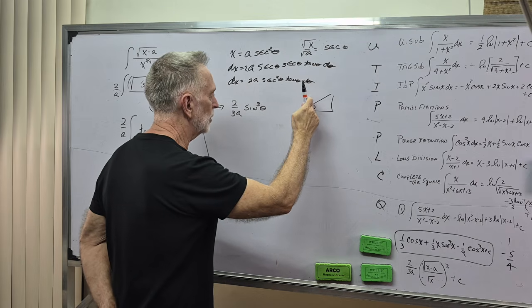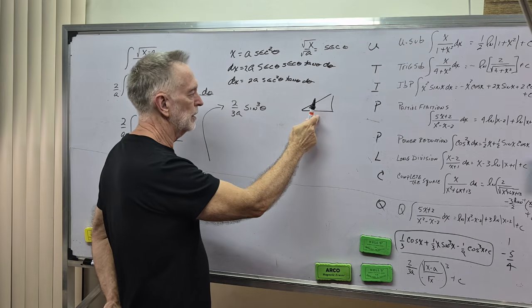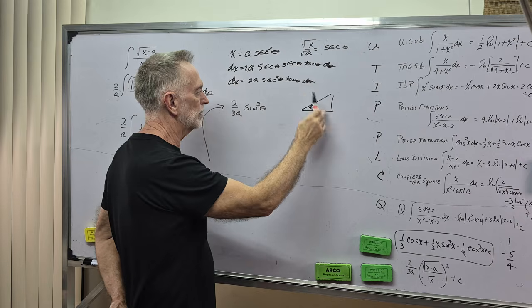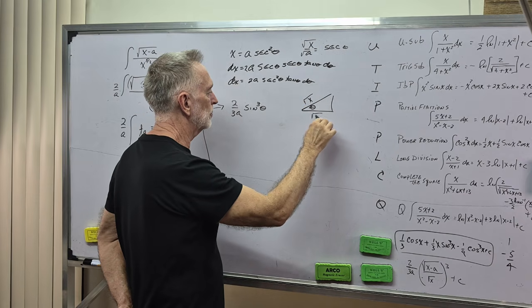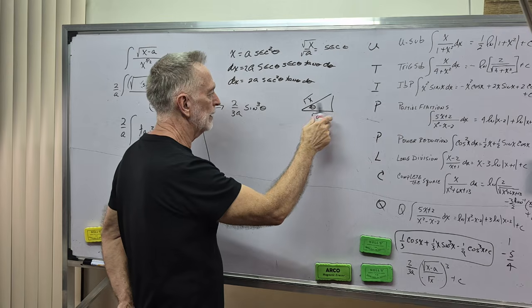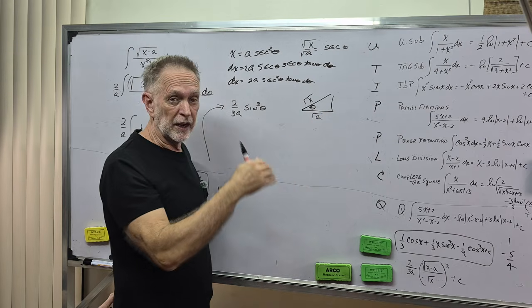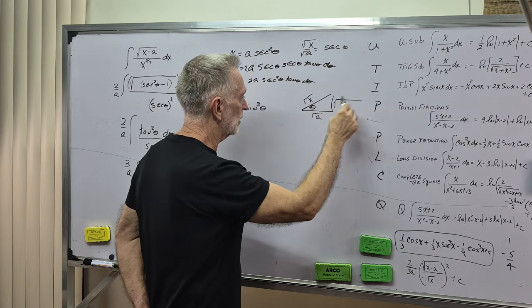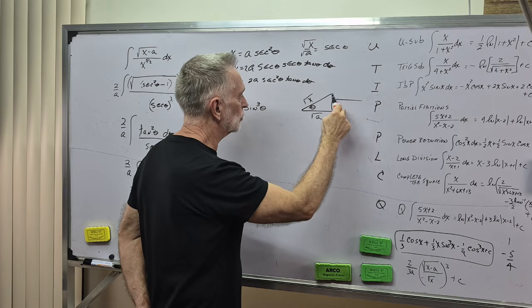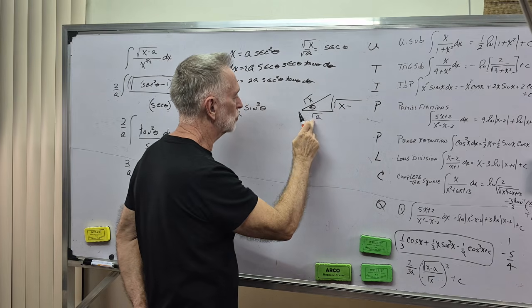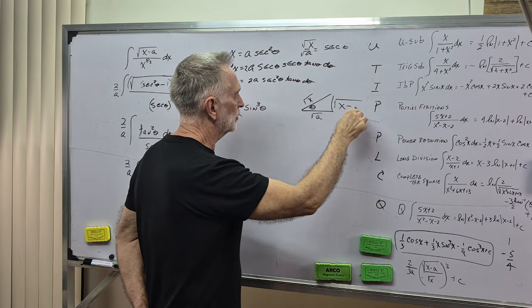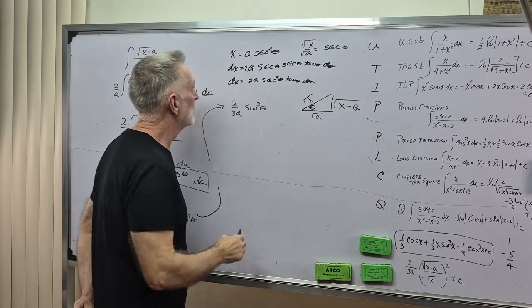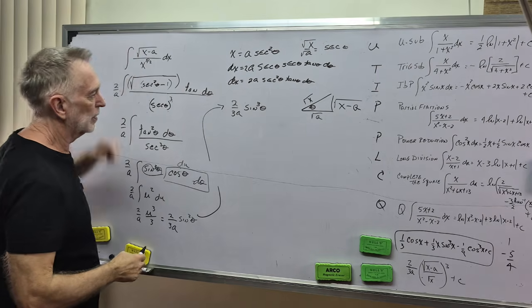So secant, you know, is the hypotenuse over the adjacent side. So I have square root x over square root a. This side would be square root x squared, which is x, minus square root of a squared, which is a. Man, that looks familiar.